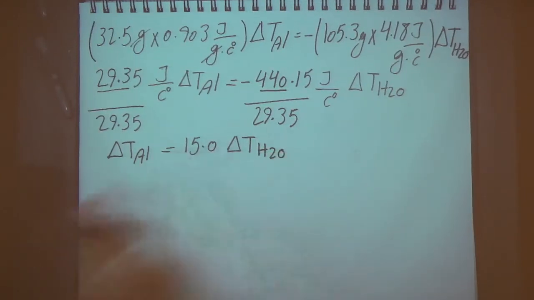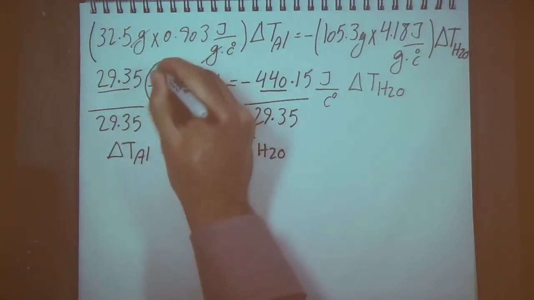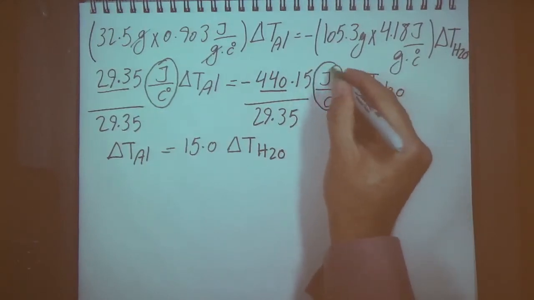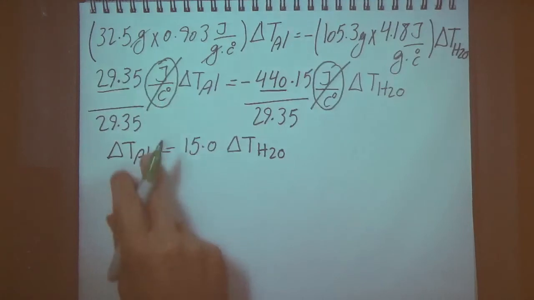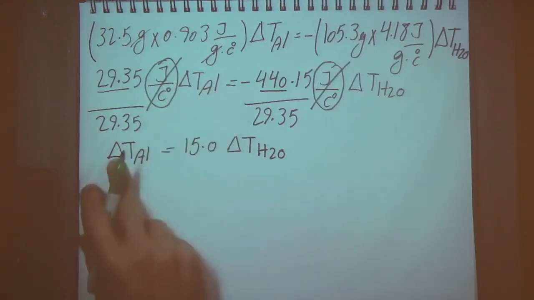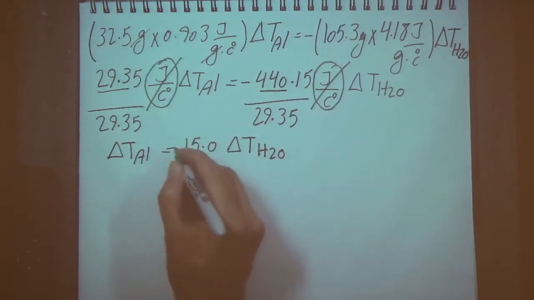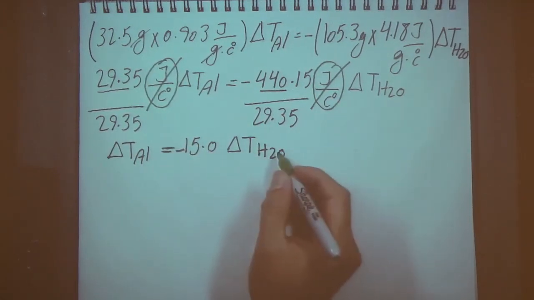What's happened with the joule over degree Celsius? You can cross this entire unit by that one. You cross them, so now they are gone. Only thing left is delta T of aluminum. And here I have minus, so I need to put the minus there. It will be minus 15.0 delta T of H2O.